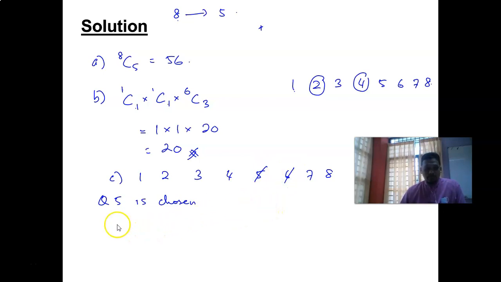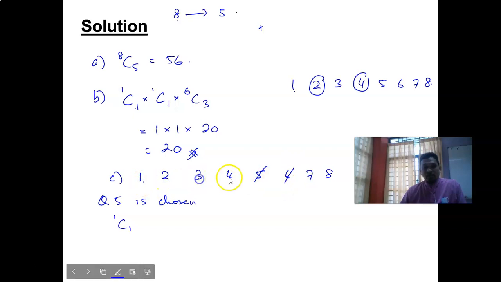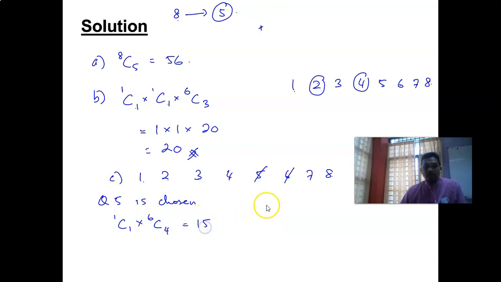So 1C1 represents the only question 5 here. How many are left? 1, 2, 3, 4, 5, and 6. We want 5 questions in total, so 6C4, which is equal to 15.